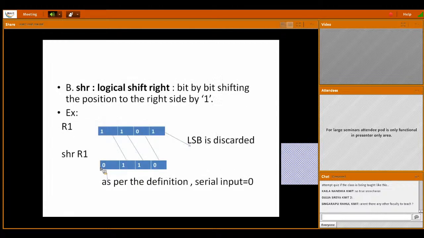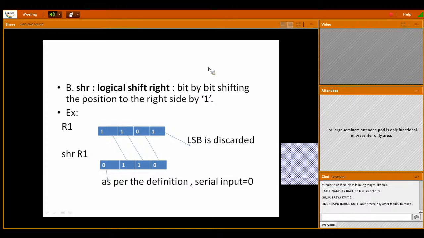When you see this logical shift, it can be either left or right. In case of left, the MSB bit is discarded, and in case of right, the LSB bit is discarded.